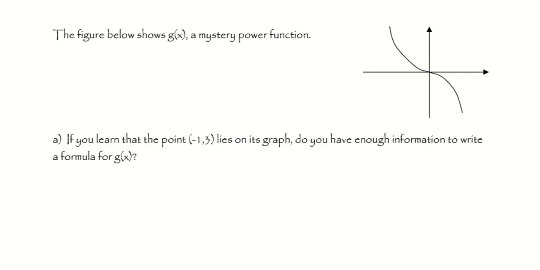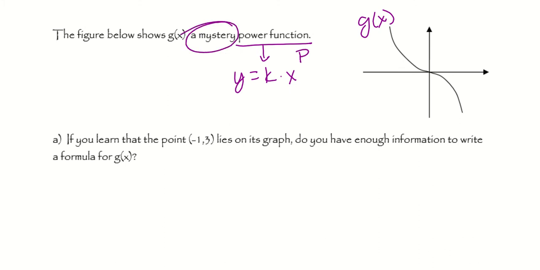Let's take another step in this process, and we're going to look at this function, g of x. So this is g of x, and I'm told that it's a power function, so I know its equation is going to be of the form y equals k times x to the p, and it's a mystery. I don't have the equation.